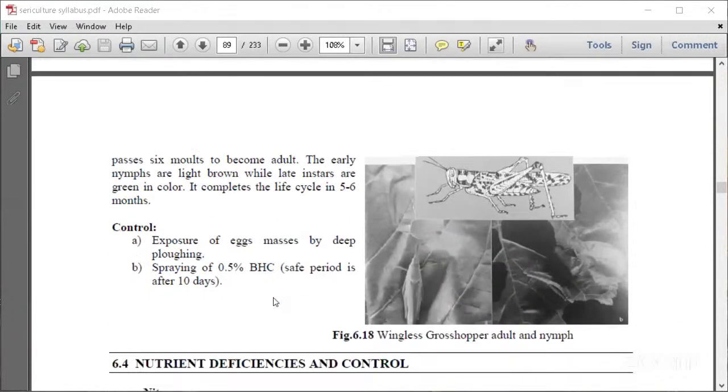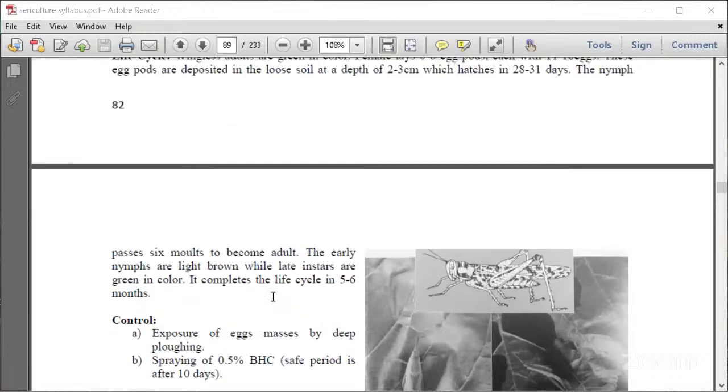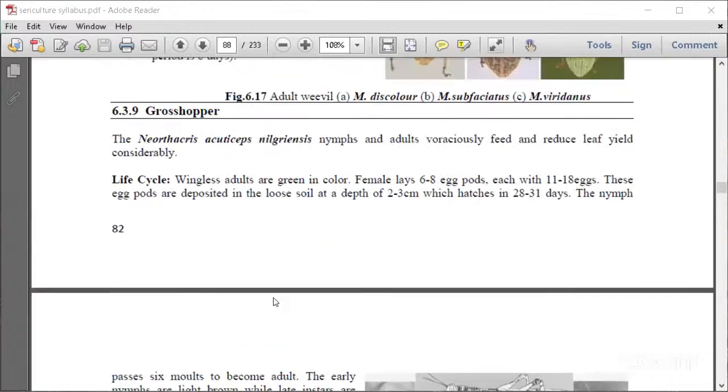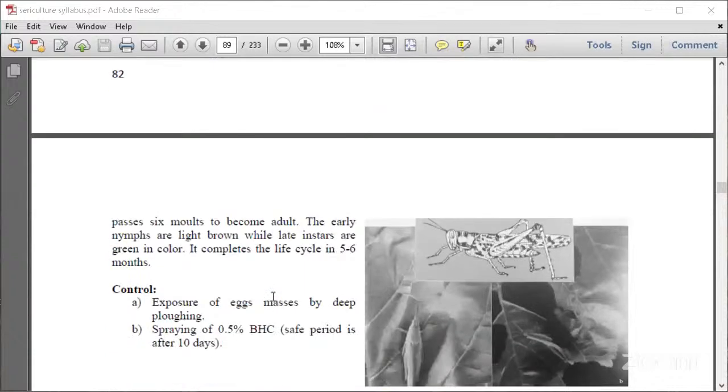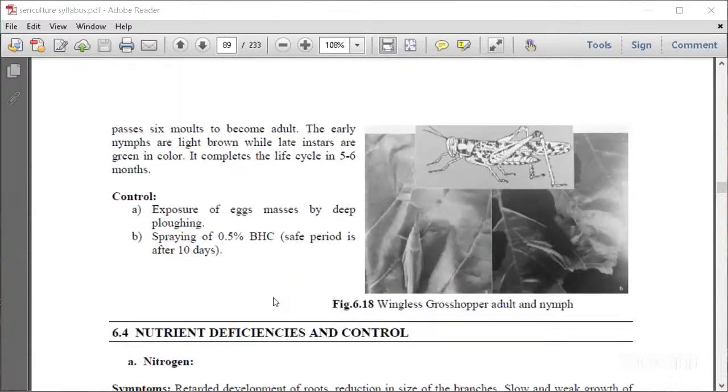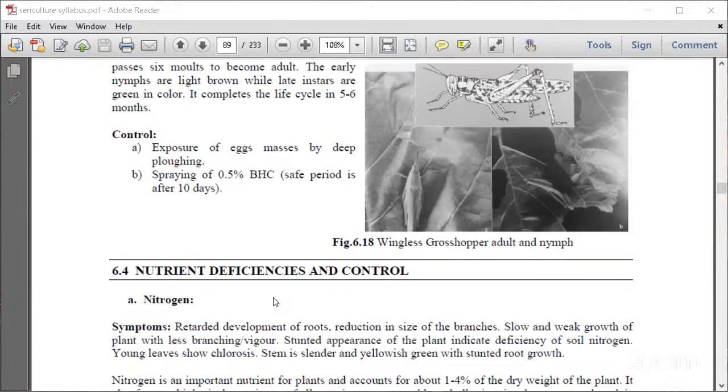This also gives major damage to the mulberry plant. The controlling measurements here are exposure of egg masses by deep ploughing and spraying of 0.5 percentage of BHC. The safe period will be 10 days.